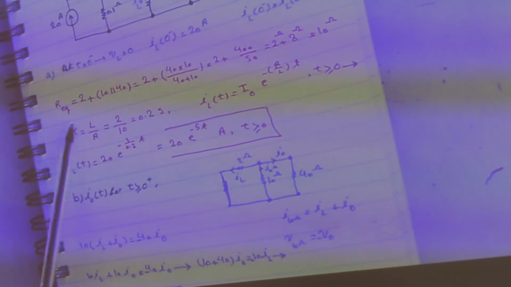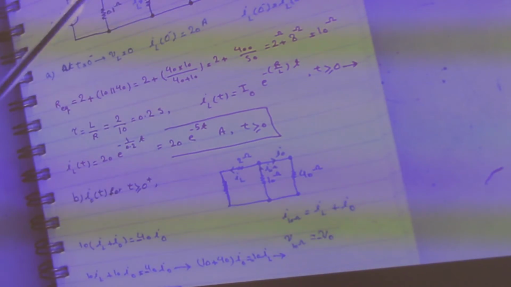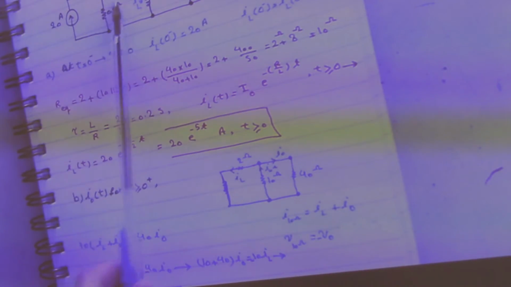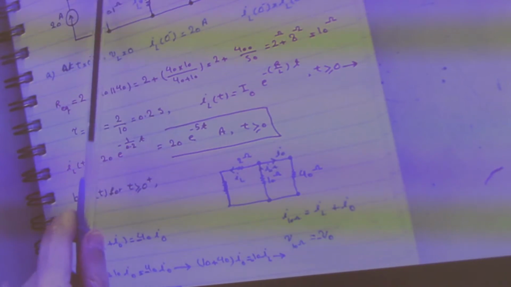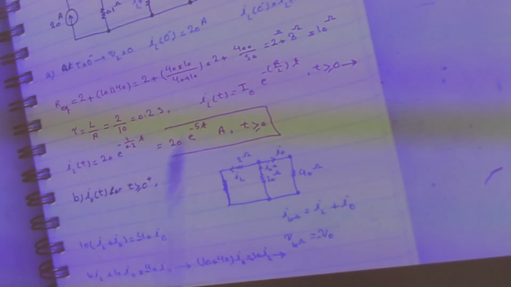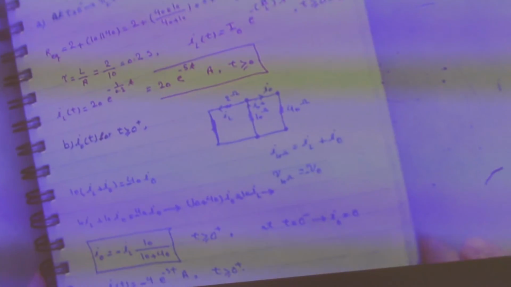So we have 20 amps over here, and now at time t equal to 0, the switch is open. When it is open, we have just this part of the circuit. So you look for the equivalent resistance.